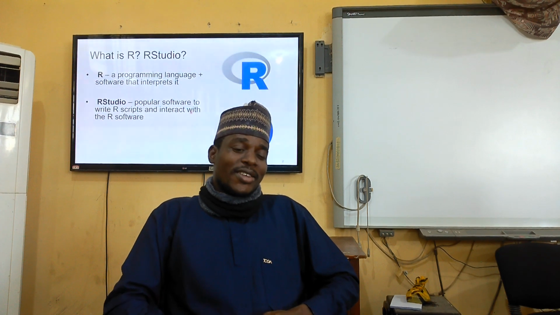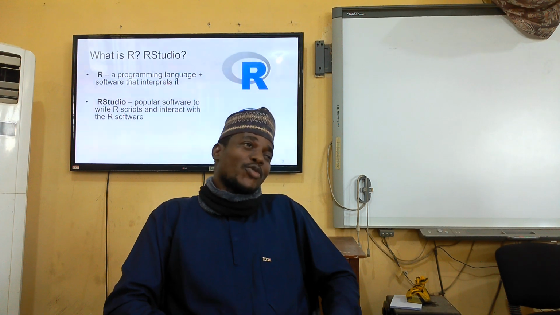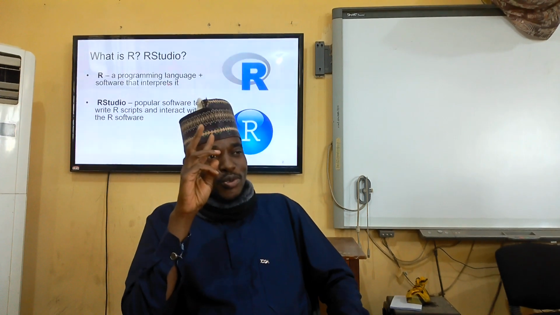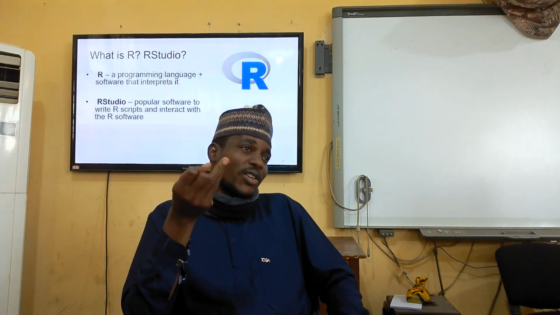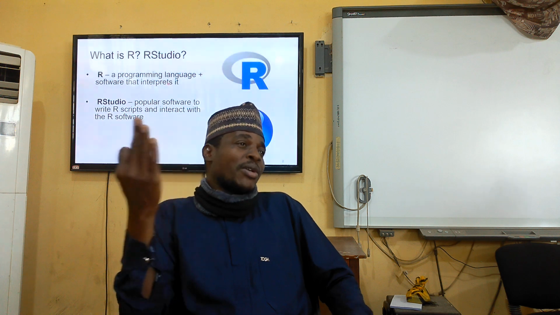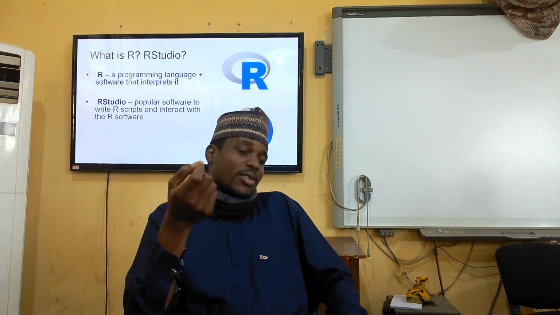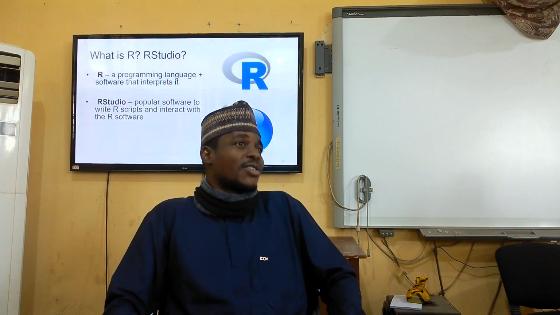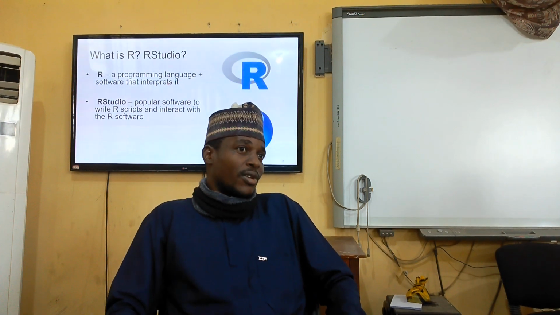R is a software, and the software contains two modules. One is the programming language. A programming language is a language. You can also design one if you like; we have Python, etc. But there should be a software. The computer is just a device. It came without R, isn't it? I installed R, isn't it? The computer only understands binary, zeros and ones. This may be advanced.